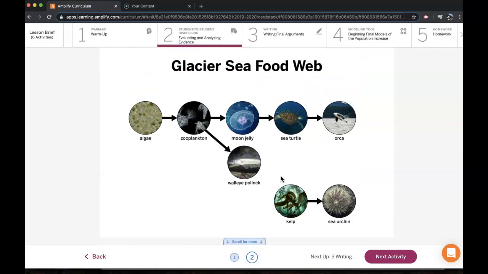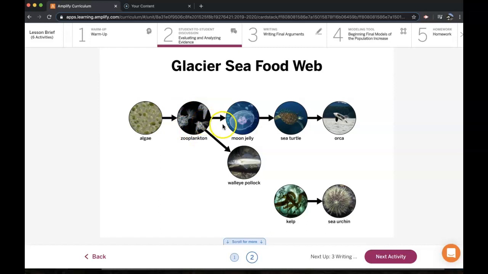If we look at our food web, evidence card E is saying that the algae population increased. So if the algae population increases, that means that the zooplankton have more energy storage molecules. So if the zooplankton have more energy storage molecules, they'll reproduce more and their bursts will increase. So now their bursts are greater than their deaths and their population increases.